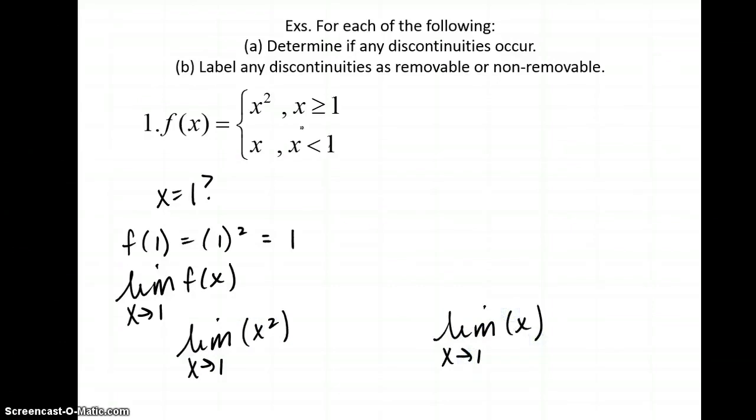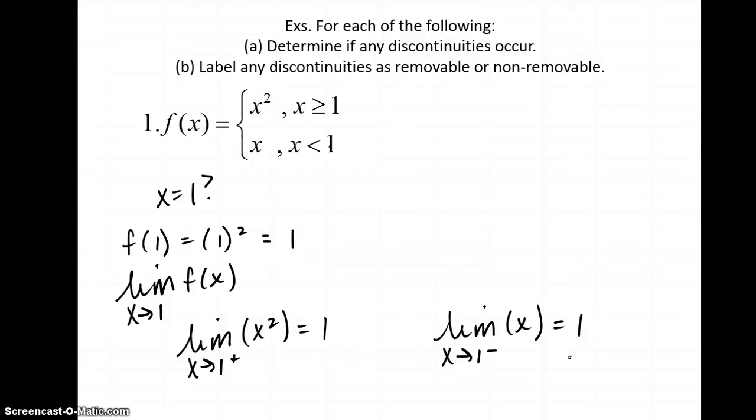As x approaches 1 on the right-hand side, so numbers bigger than 1, we're looking at the graph of the quadratic. As x approaches 1 from the left-hand side, so values less than 1, the graph would be the line. So making a direct substitution, to the quadratic I get 1, and to the line I get 1.